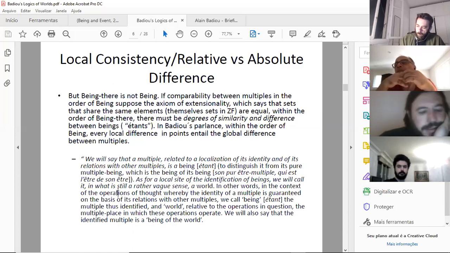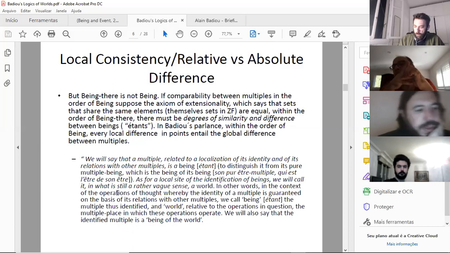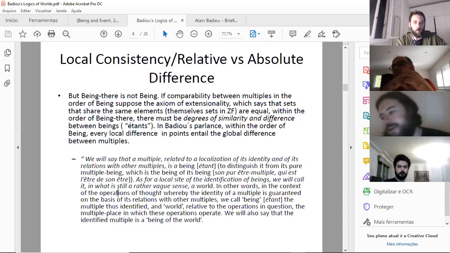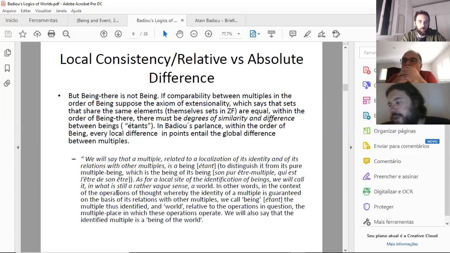Yeah, I think I have two comments on that, Reza. One of them is that this was something that interested me a lot in your presentations, because I don't think Badiou starts from local worlds or anything like that. It stems from the inconsistency of the whole.